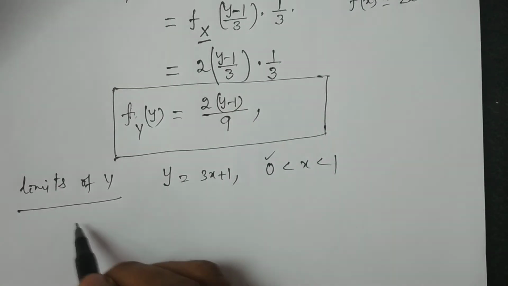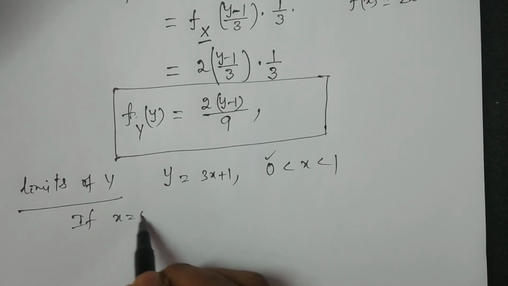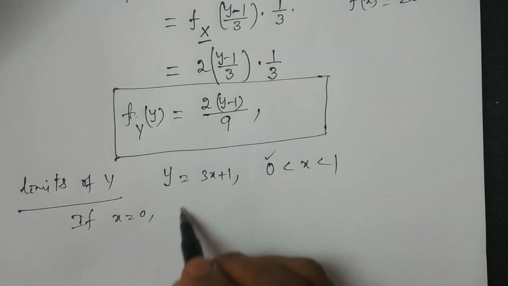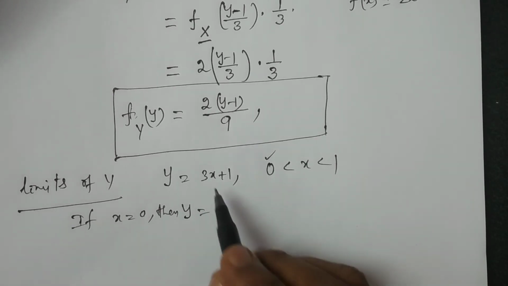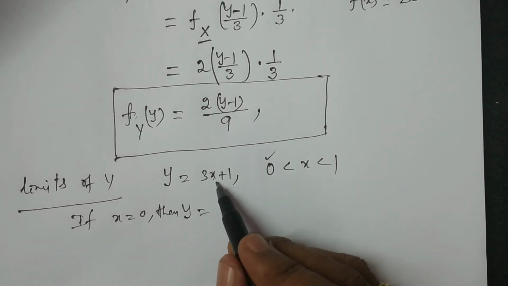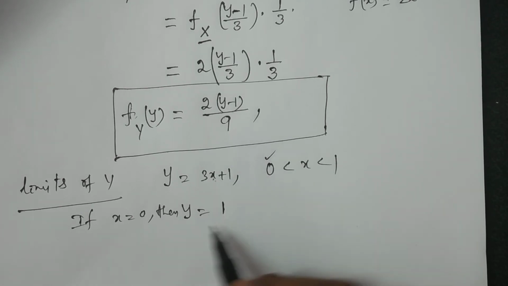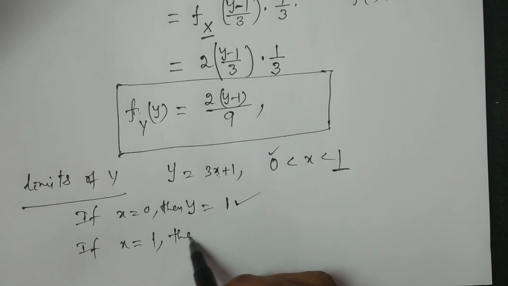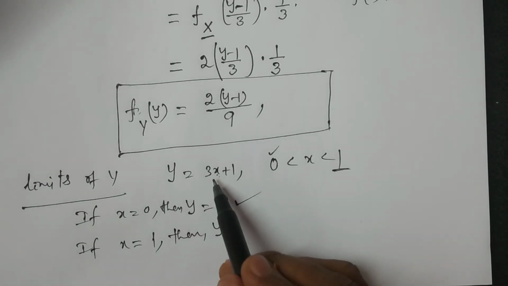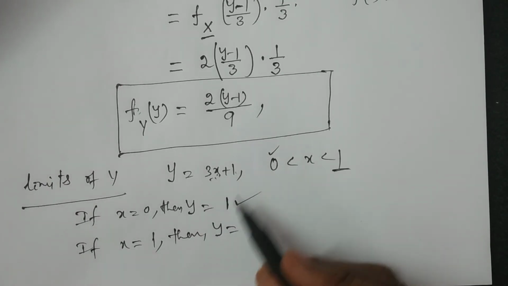If we consider the lower limit, if x is equal to 0, then y is equal to 3 into 0, that is 0, plus 1, which is 1. The lower limit of y is 1. If we consider the upper limit of x, it is 1. If x is equal to 1, then y is equal to 3 into 1 plus 1, that is 3 plus 1, 4.